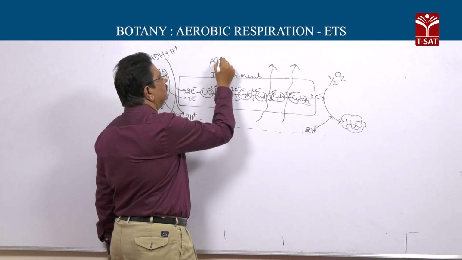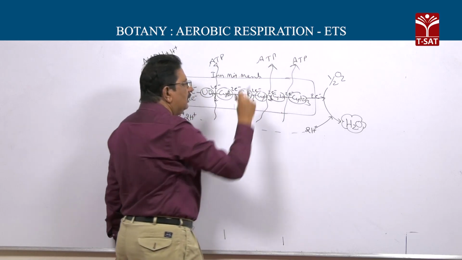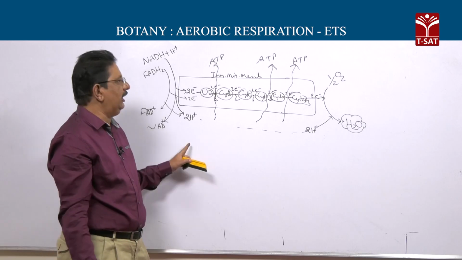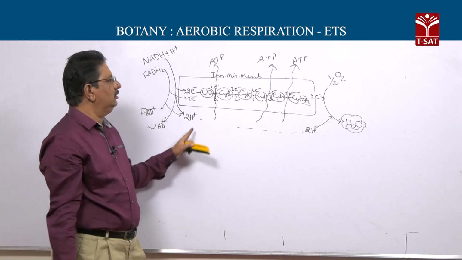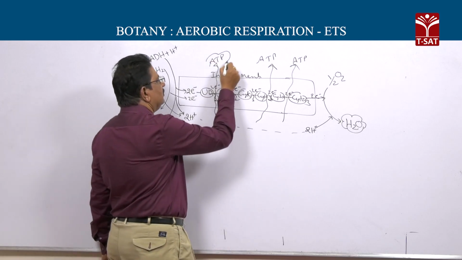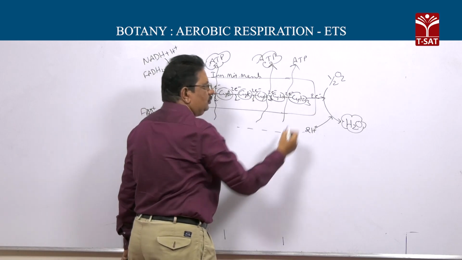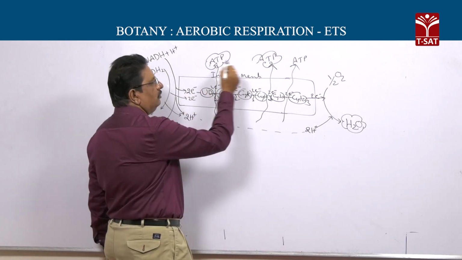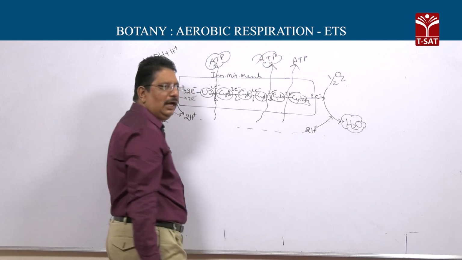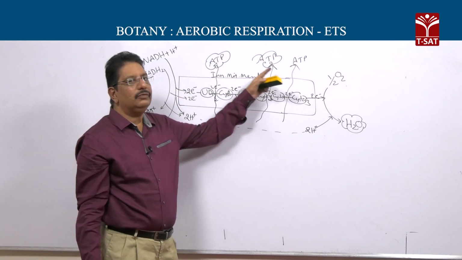ATP. So energy released during the electron transfer is utilized for the production of ATP. Hence, in this process, there is an electron transport from reduced coenzyme to the final electron acceptor, coupled with synthesis of ATP.